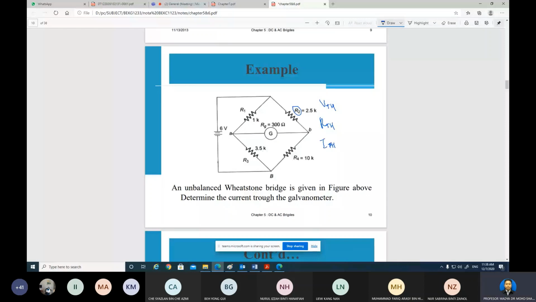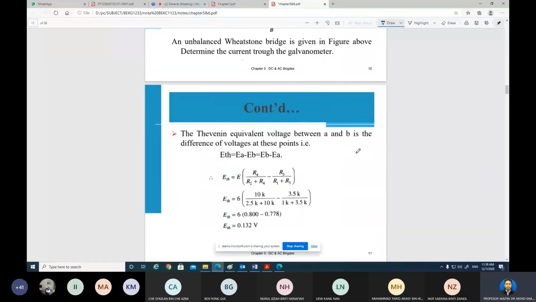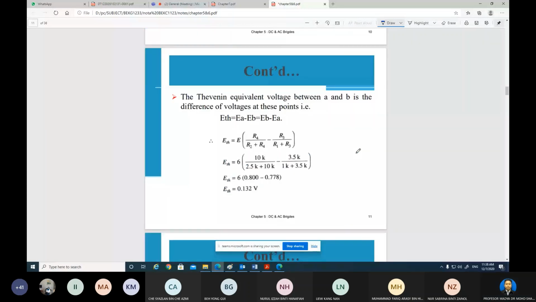The equation here determines the current through the galvanometer, that means the Thevenin current. To calculate the current, we have to calculate the Thevenin voltage. So this is the formula for the Thevenin current. You can see our voltage supply is 6 volts.